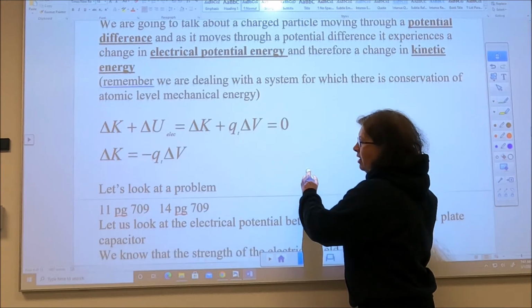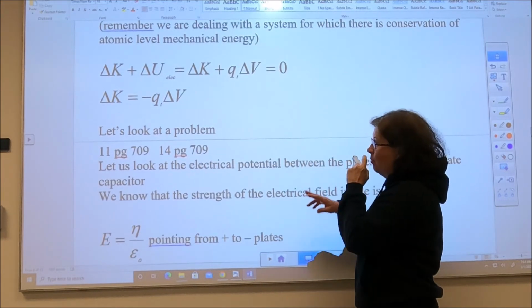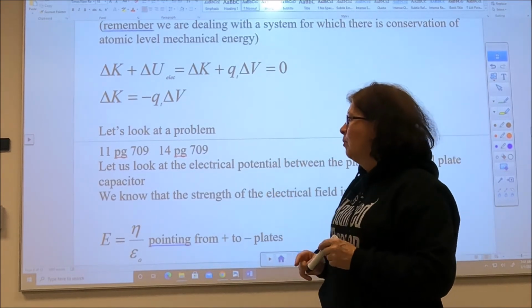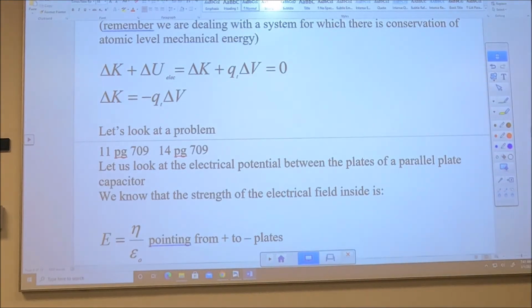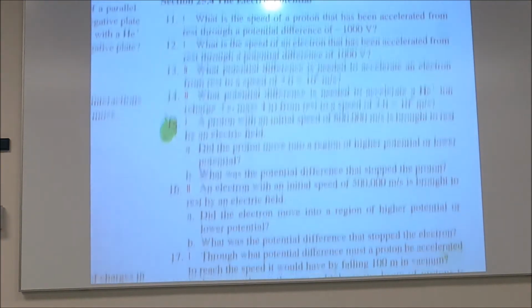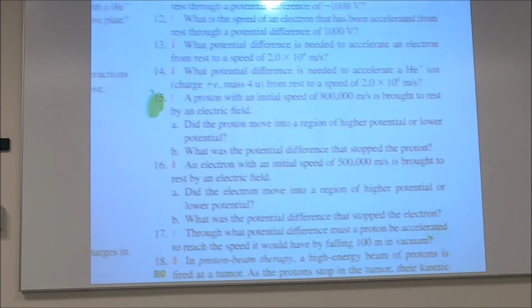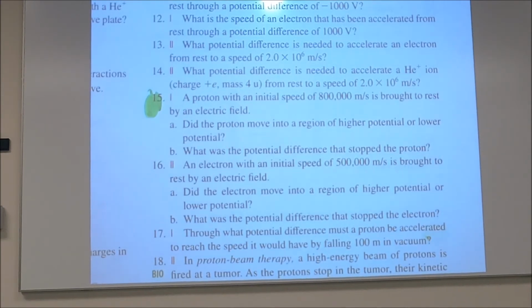So we're going to look at a couple of problems. We're going to look at problem 11 and we're going to look at problem 14, both on page 709. Okay, so there's both the problems.